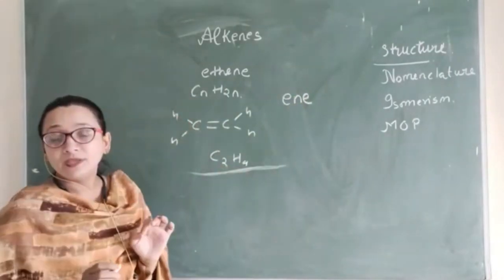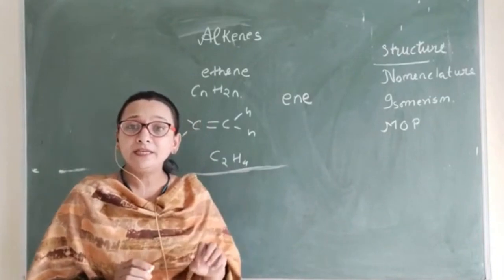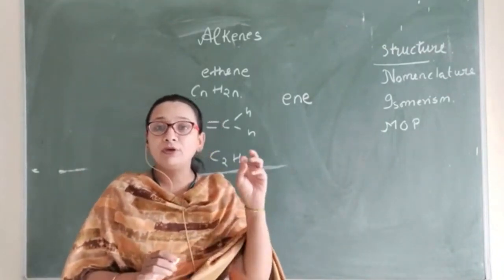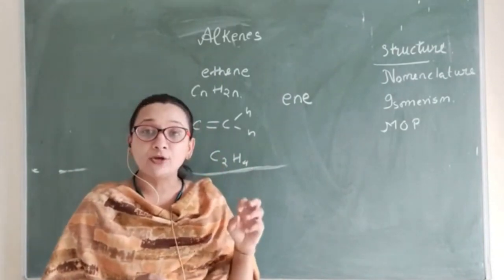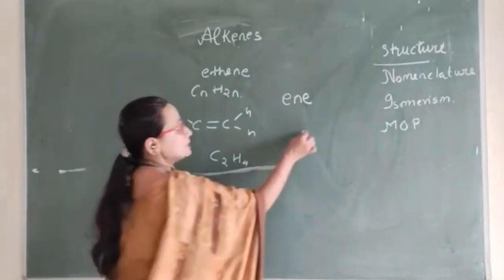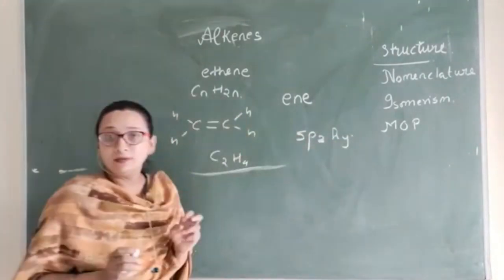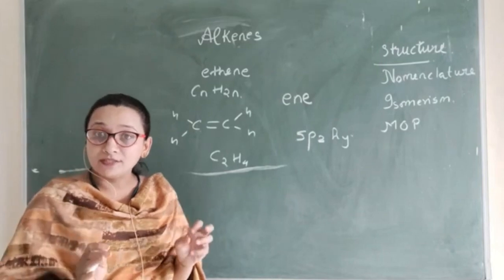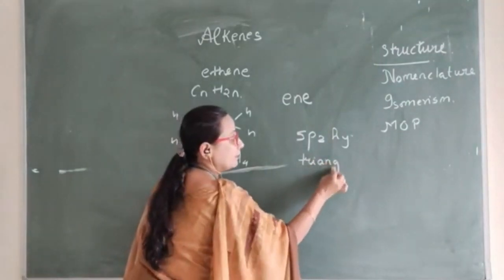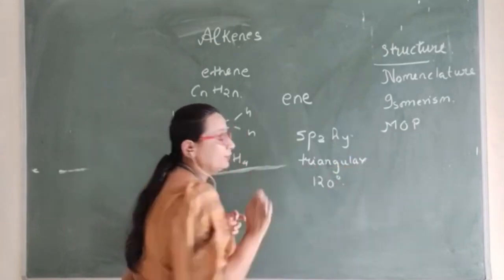If you talk about the structure of alkene, we have already discussed this in our videos on the basic concepts of organic chemistry: alkenes show sp2 hybridization, they show triangular geometry, and the bond angle is 120 degrees.